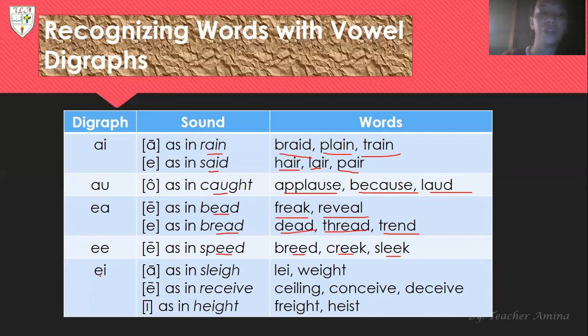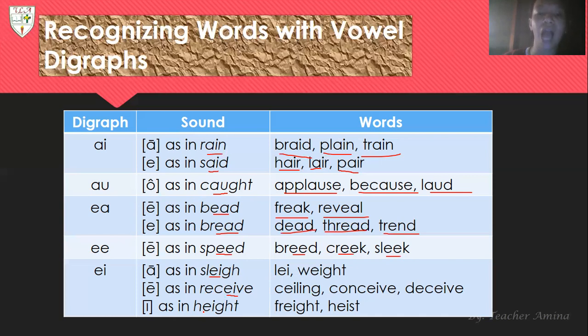Another digraph is the EI. It has three sounds. The long A as in sleigh, the long E sound as in receive, and the long I sound as in height.